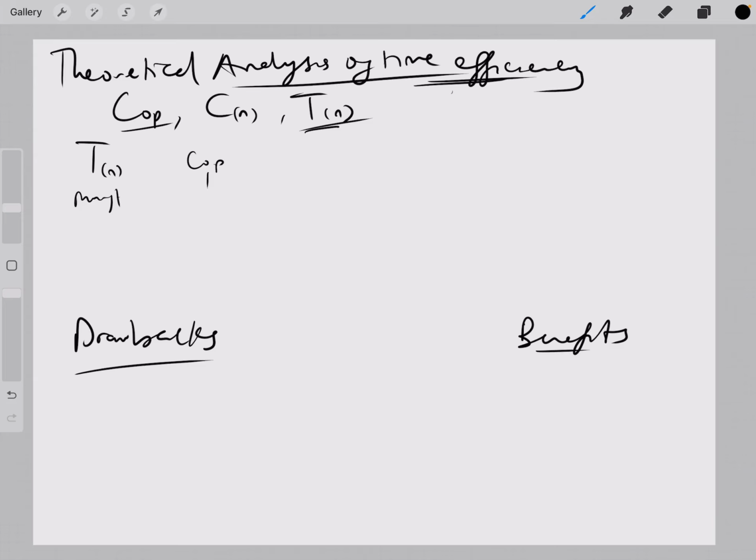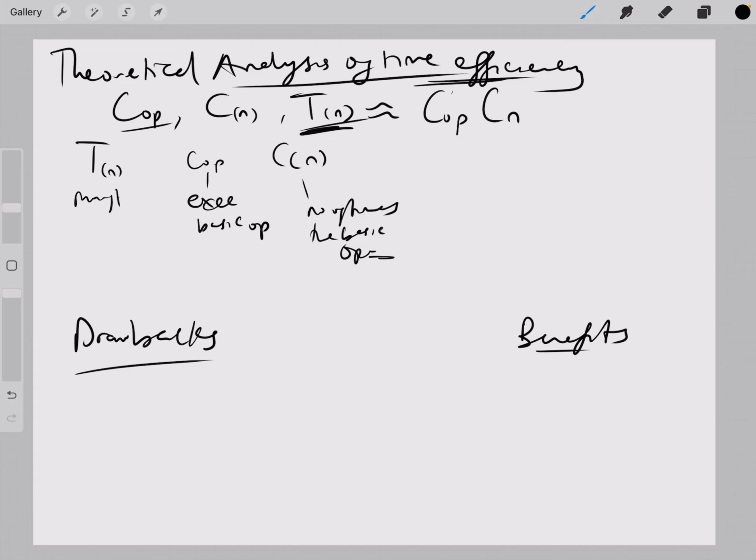And C of n is the number of times the basic operation should be executed. So what is the approximate running time? It's the product of C of op and C of n. We have used that to calculate the running time.